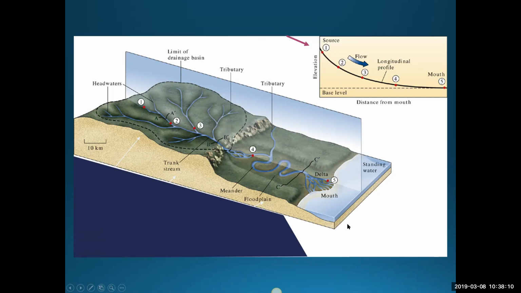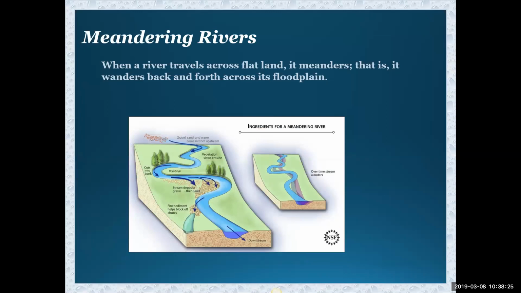There's other types of river systems, but in this class specifically, we're only worried about two: meandering rivers versus braided rivers, and specifically we're looking for their flood potential. Since we're a disaster class, we're looking at worst case scenario. Meandering rivers form when a river travels across flat land.